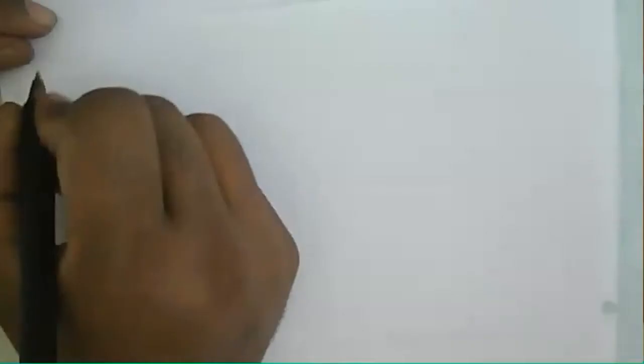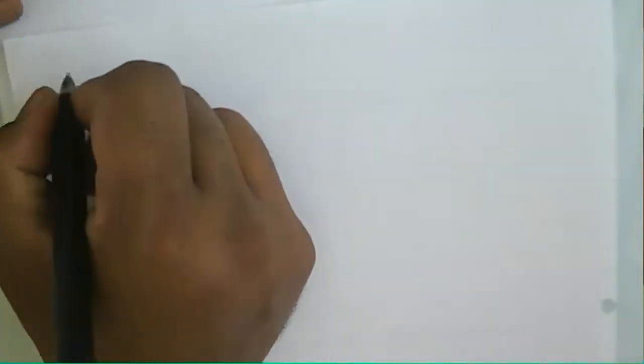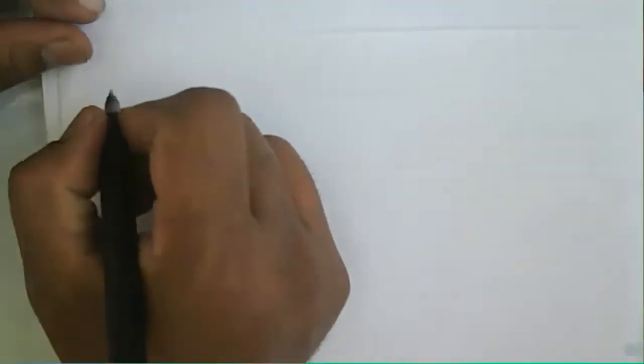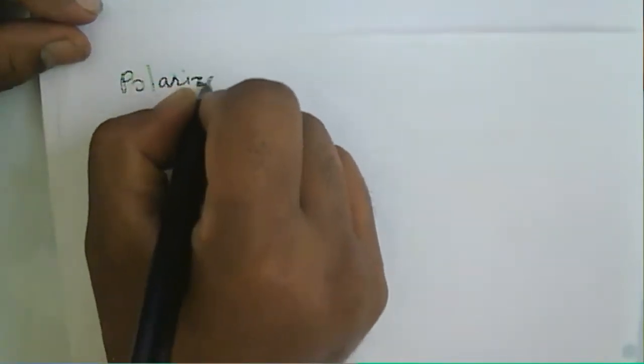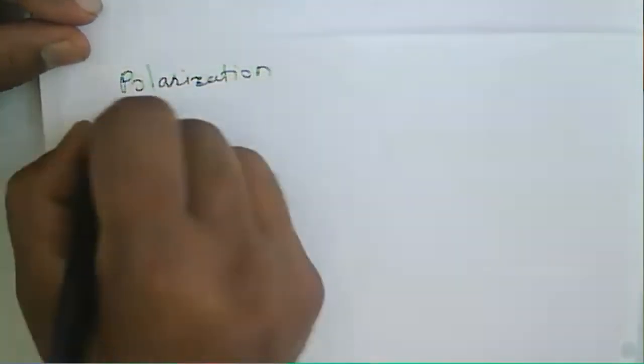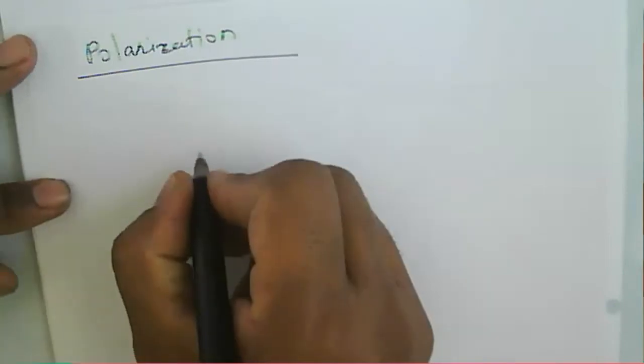The next topic is polarization. In the case of polarization, what will be the orientation of the electric field component? Polarization means what? Your antenna radiates the signal in all the directions.